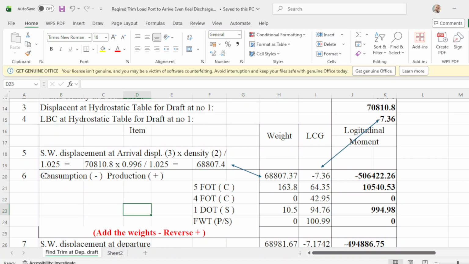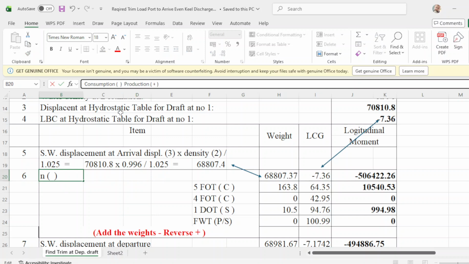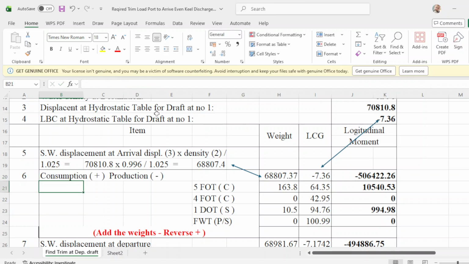Consumption is positive. This one is negative. So it's reverse. Because you're going from Panama going to New Orleans, that's why you add the weights.